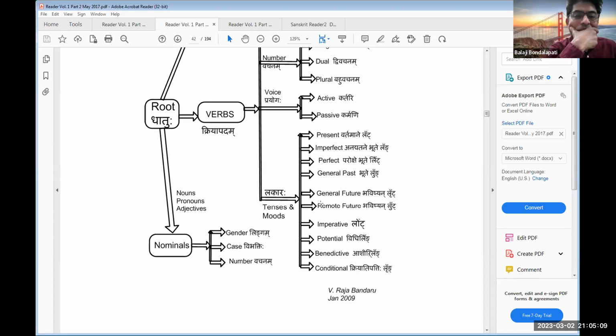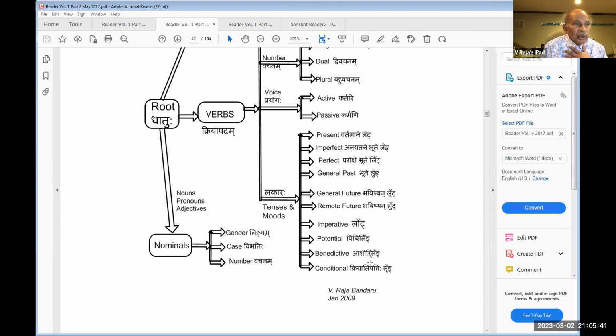And we said future, lut and lut. We do just bhavishyan, future in the lut. Then moods: lot, agna, vidhiling, imperative, benedictive, ashirling, conditional, kriyatipati, ling.